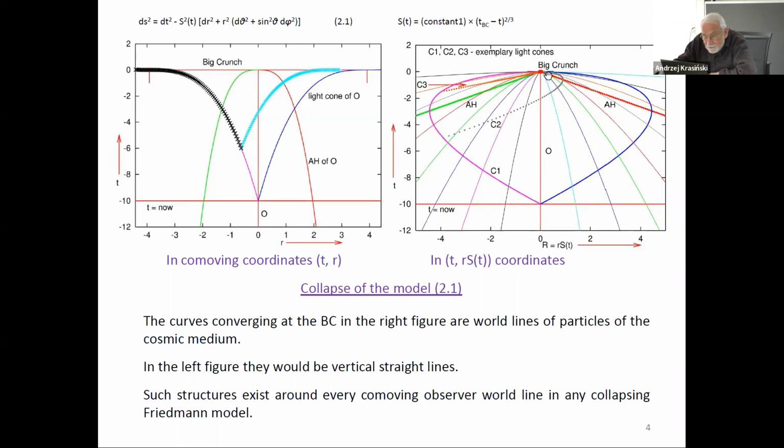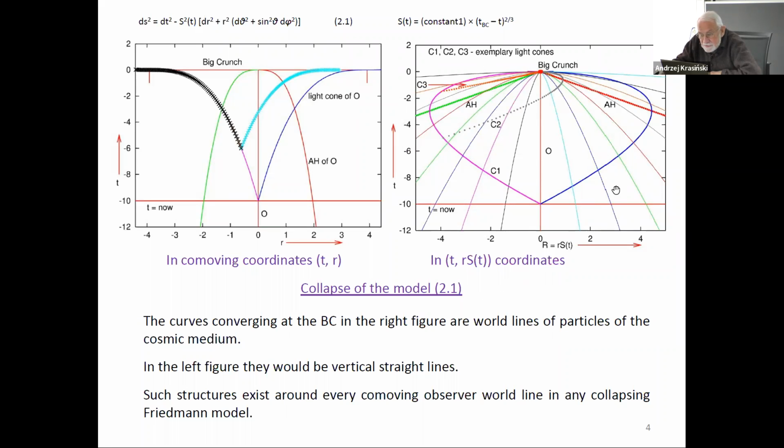The apparent horizon is the pair of straight lines here. And here we can distinctly see that at the apparent horizon, the size of the light cone begins to decrease. And for comparison, there are two other light cones with a vertex here and with a vertex here, so that you can see how it looks.